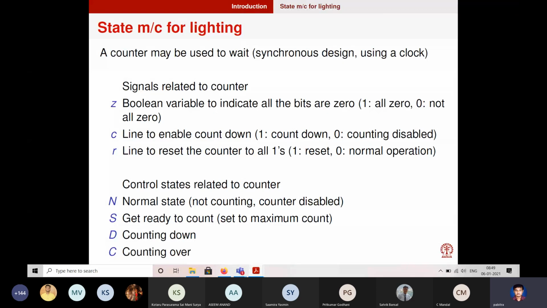That means N will go to S. When will N go to S? When there is lightning or bright light, whatever. Okay, so that means when C is turned on. So these state changes, not only do they happen at the tick of the clock, they are also triggered by the signals. They are triggered by the signals, right?